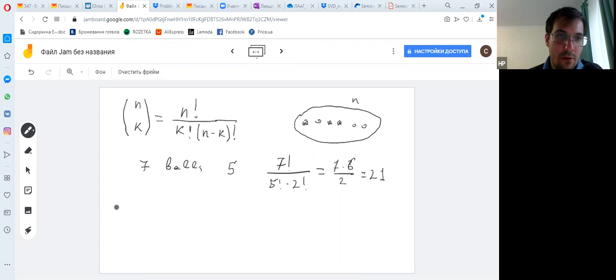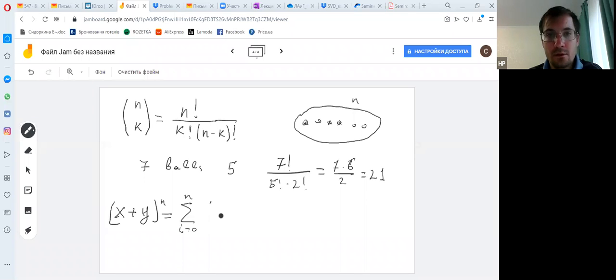This is the formula that x plus y in power n equals the sum from i equals 0 to n of binomial coefficient n over i, x in power i, y in power n minus i.